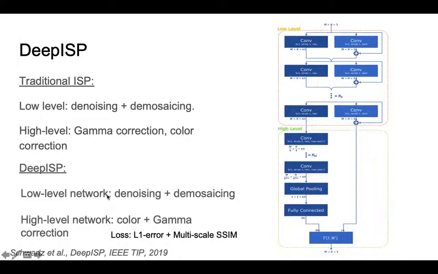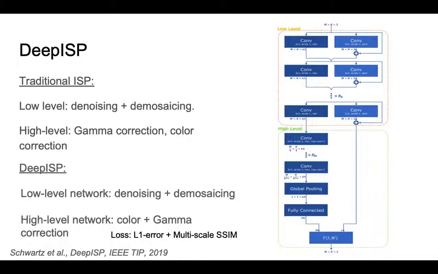What he proposed is a network in which the first n layers do the low level correction, which is just denoising and demosaicing, and then he takes the feature maps from this layer and predicts the color matrix, which you can add to your input to do the color correction.